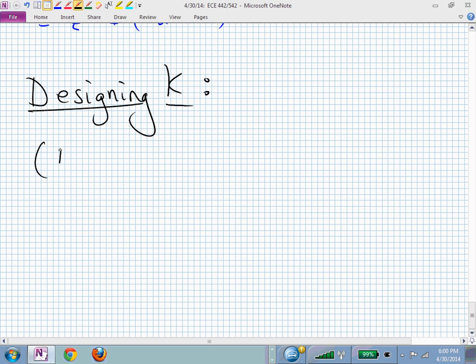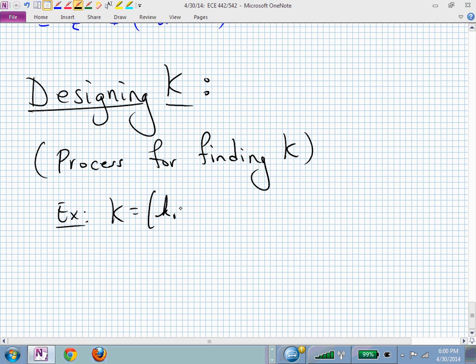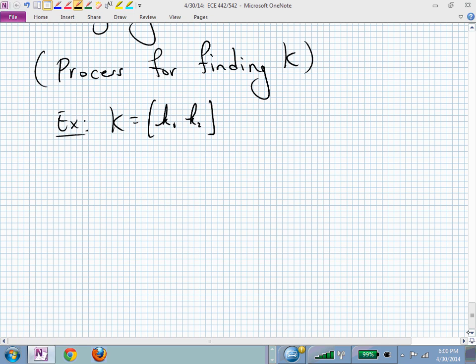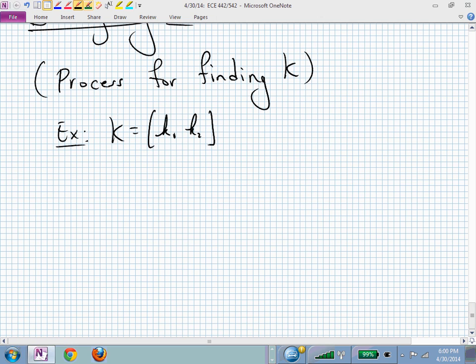What you're doing then is this design is really a process for finding that matrix K, which is our full state feedback gain matrix. And in our example, K just consists of two unknown coefficients, K1 and K2. This process now for designing K, I'm going to break it into 3 steps.